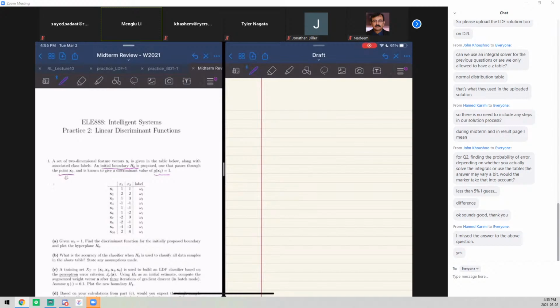We can write that as g(x5) equal to 0, right? So we know there are two equations: g(x5) equal to 0, g(x2) equal to 1.